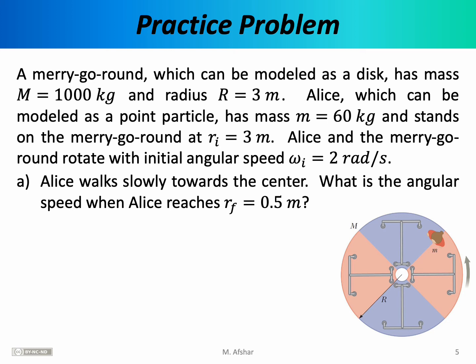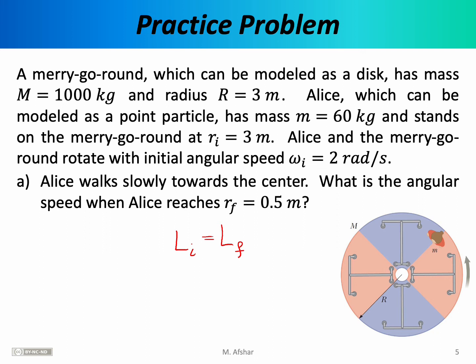Well, if there are no external forces or torques on this system, then we can say the system is isolated. And if the system is isolated, then the angular momentum of the system is conserved. So we're essentially saying L initial is equal to L final.